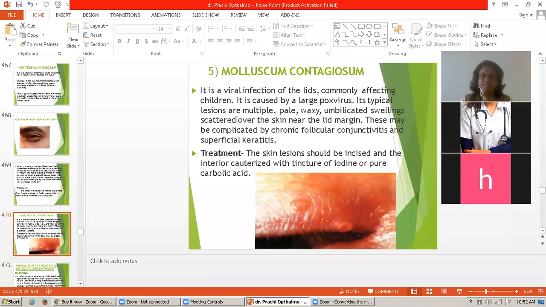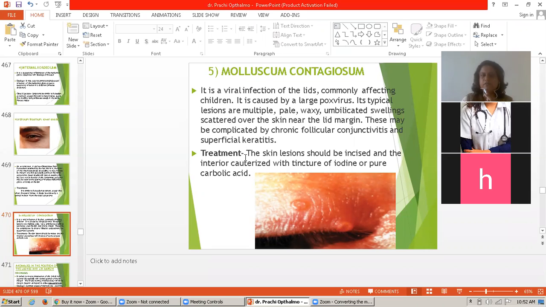Its typical lesions are multiple, pale, waxy, umbilicated swellings scattered over the skin near the lid margin, and these may be complicated by chronic follicular conjunctivitis and superficial keratitis.